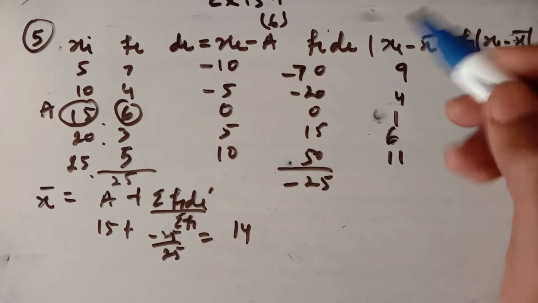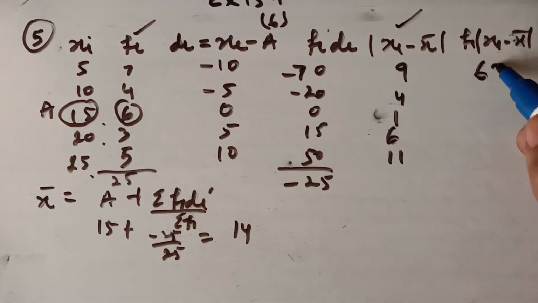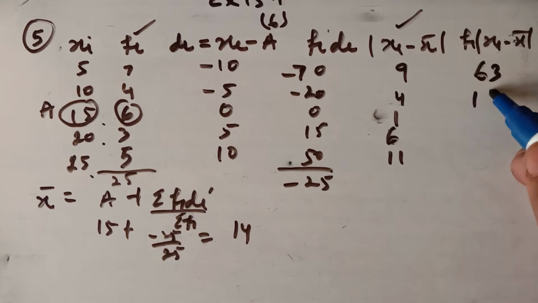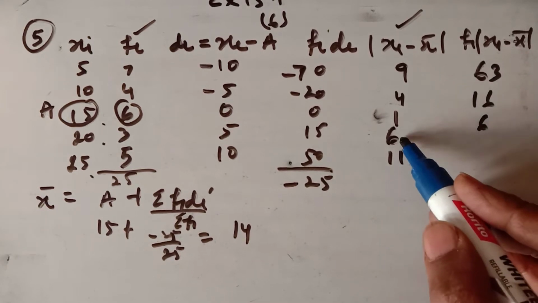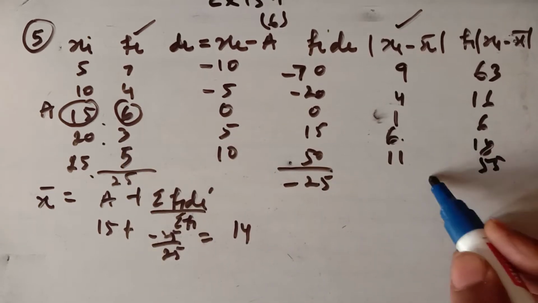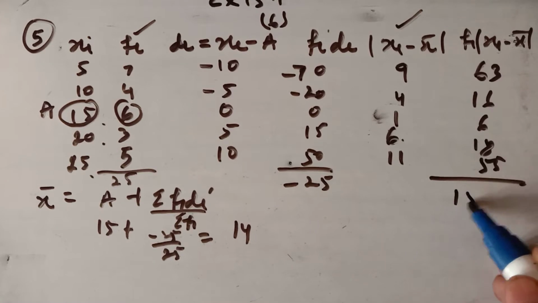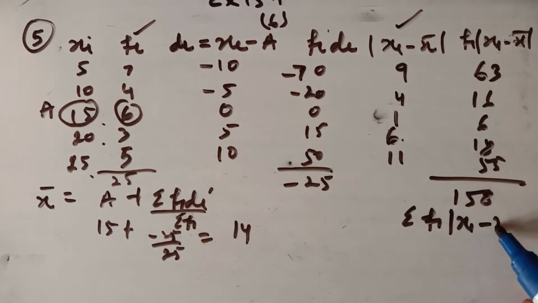Then multiply with the frequency, this column and this column. So it will be 63, then 16, then 6, then 6 multiplied by 3 that is 18, and 55. The sum of this is coming out to be 158, which is sigma fi mod xi minus x bar.